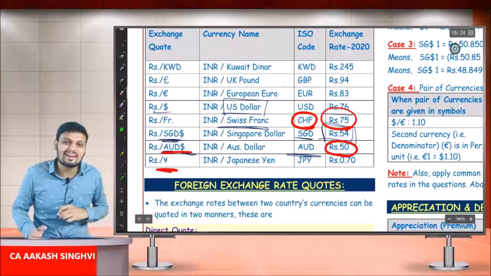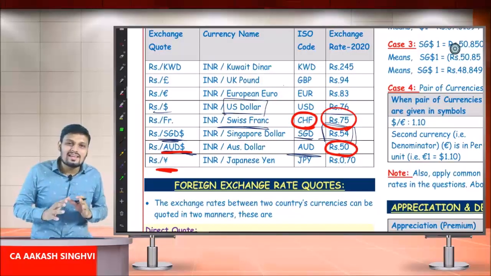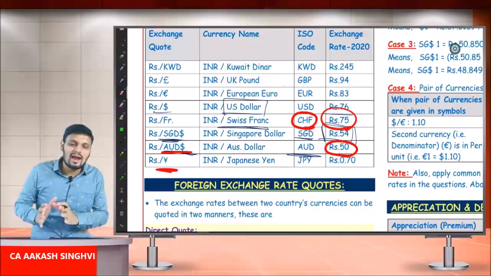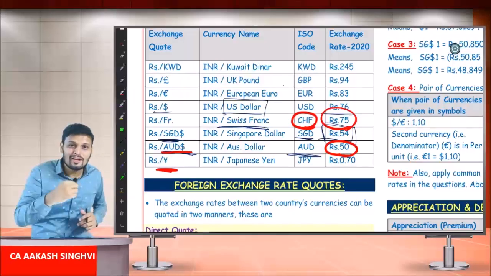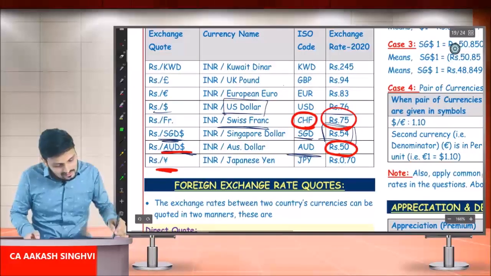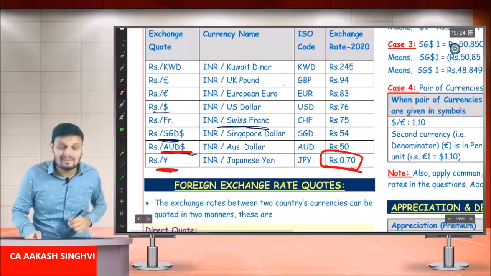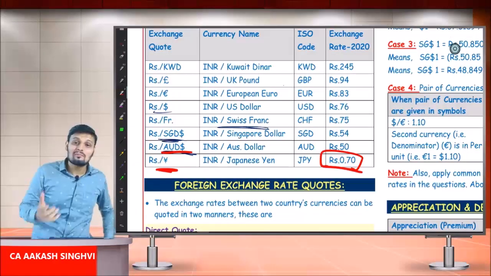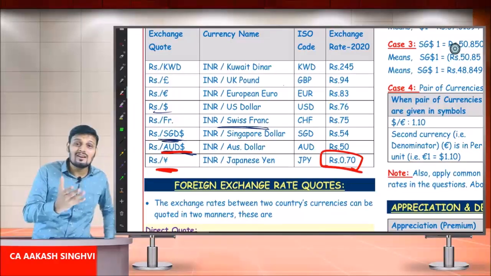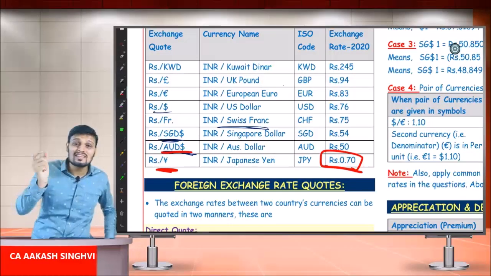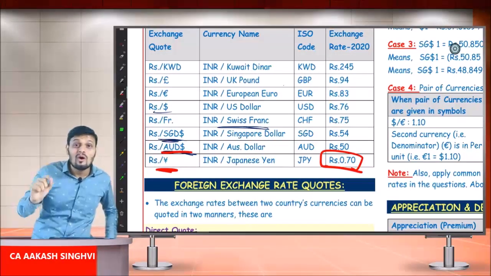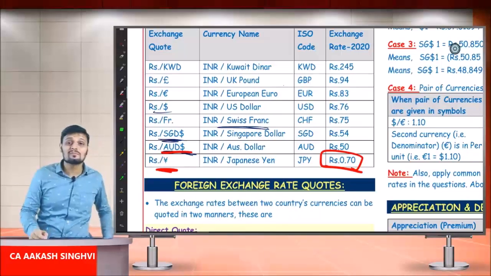In the same way, finally, yen. Yen is used in Japan. And for 1 yen, how many rupees do we need to pay? Only 0.70 rupees for 1 yen. So Japan being a developed country, still the purchasing power of that currency is lower than the rupee itself.